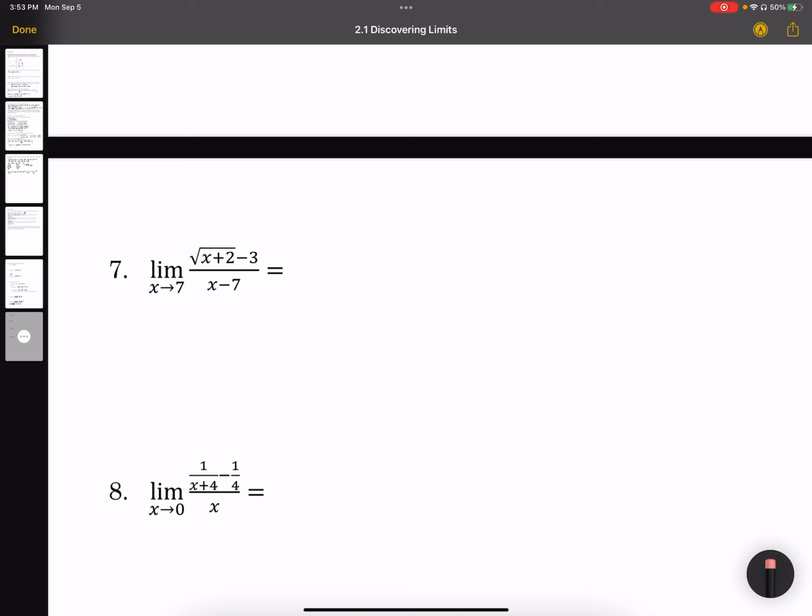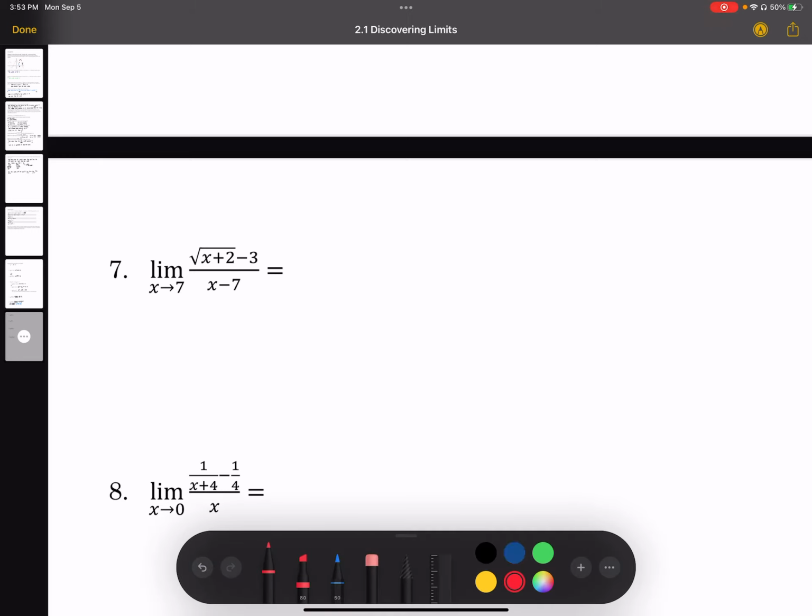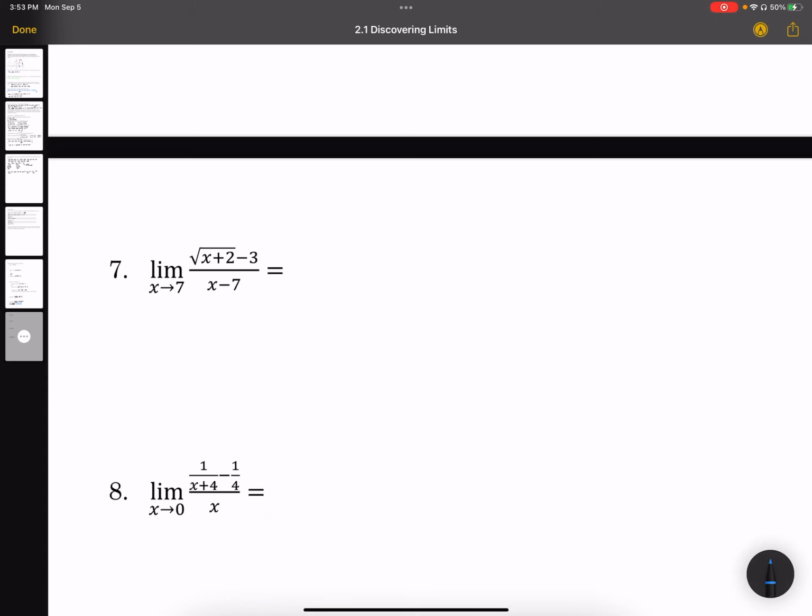So this is the same as, and again, notation is important. Please don't just say this is equal to the conjugate multiplied by this fraction. Instead, we want to keep our limit.